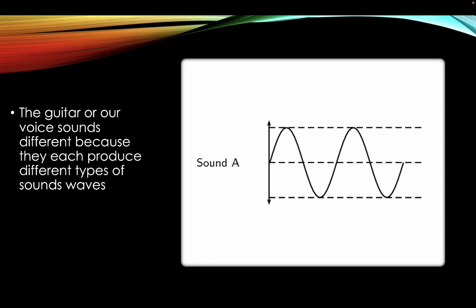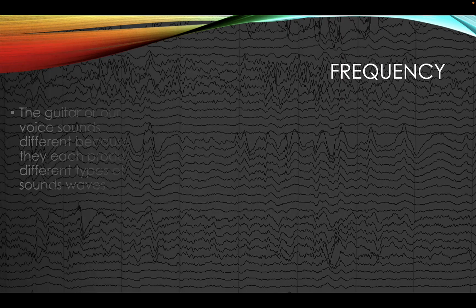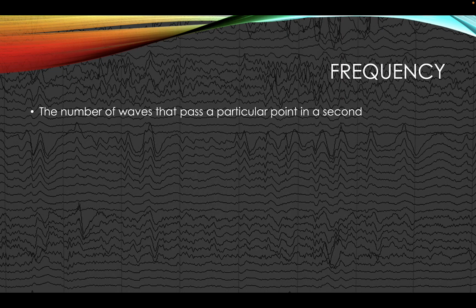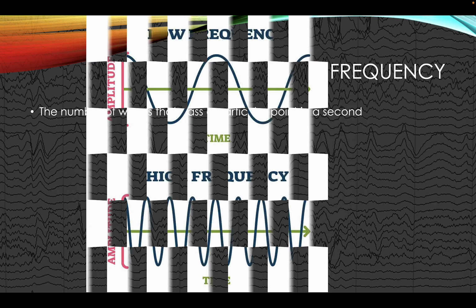In this picture, you can see what I'm talking about by that wave. Imagine you're going up the roller coaster and then back down again. Different types of sound produce different types of waves. Now, frequency is the number of waves that pass a particular point in 1 second.